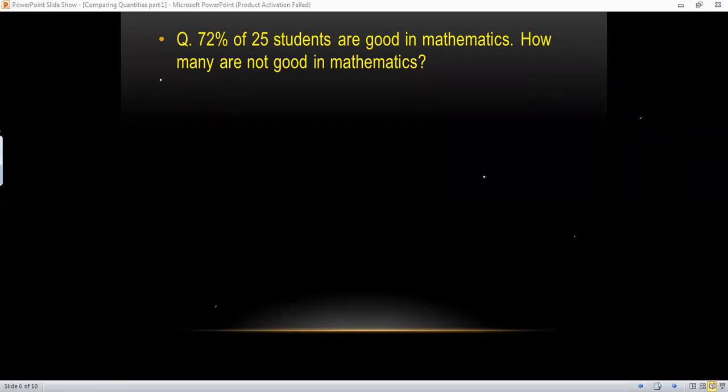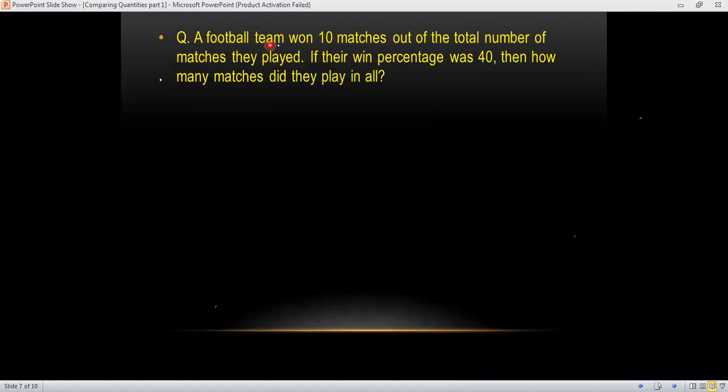A football team won 10 matches out of the total number of matches they played. If their win percentage was 40, then how many matches did they play in all? So here we have to find the number of matches they have played.